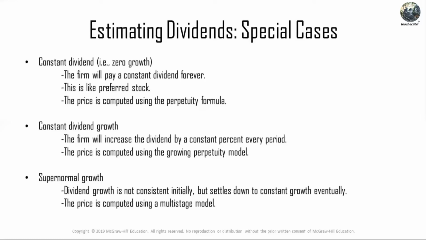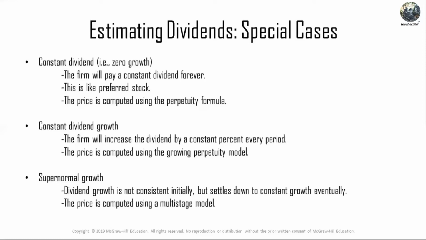Supernormal growth. Dividend growth is not consistent initially, but settles down to constant growth eventually. Suppose currently the company pays a $2 dividend. After year one, they increase the dividend payment at 5% growth.